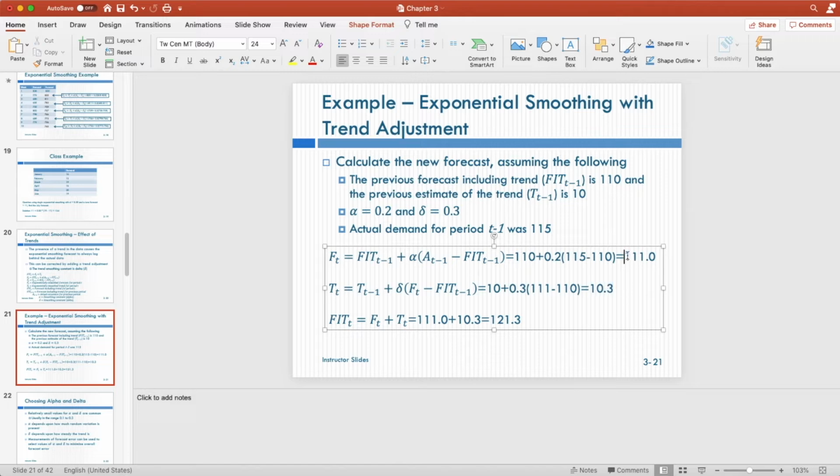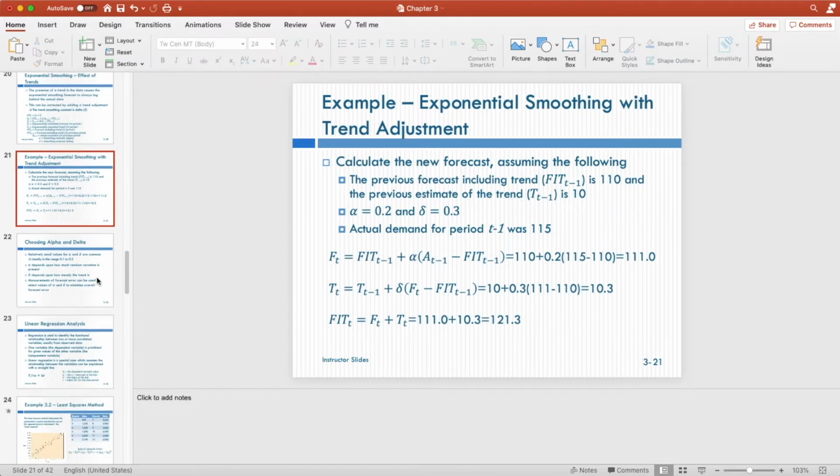After you get both Ft and Tt, you add these two up to get the final result, which is 121.3. So 121.3 represents the forecast after you incorporate the trend effect in period t. All right, that's it.